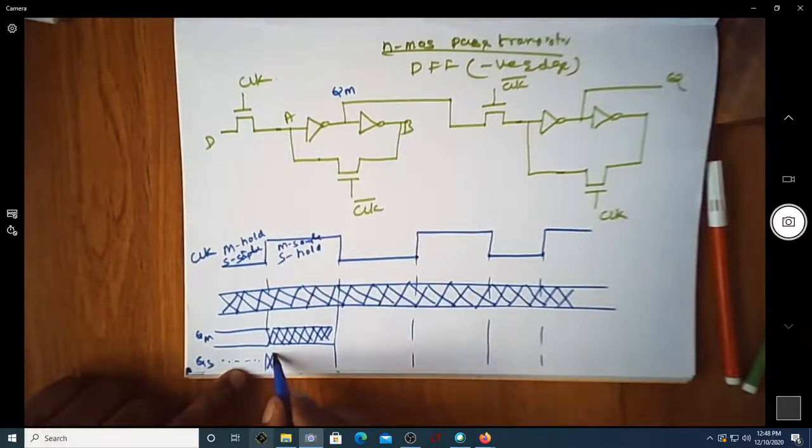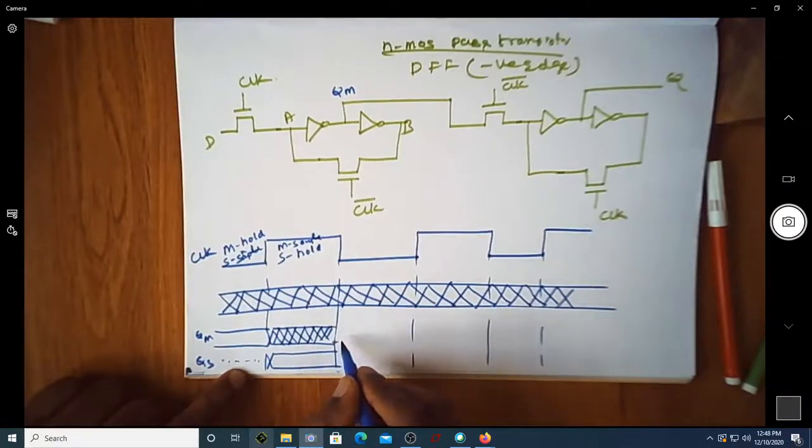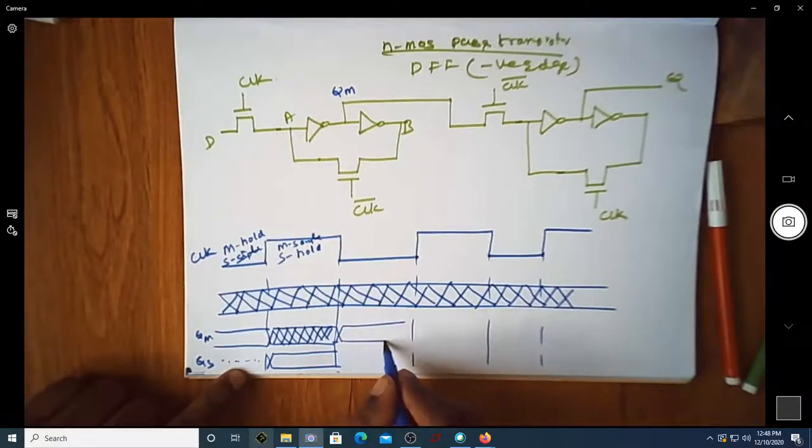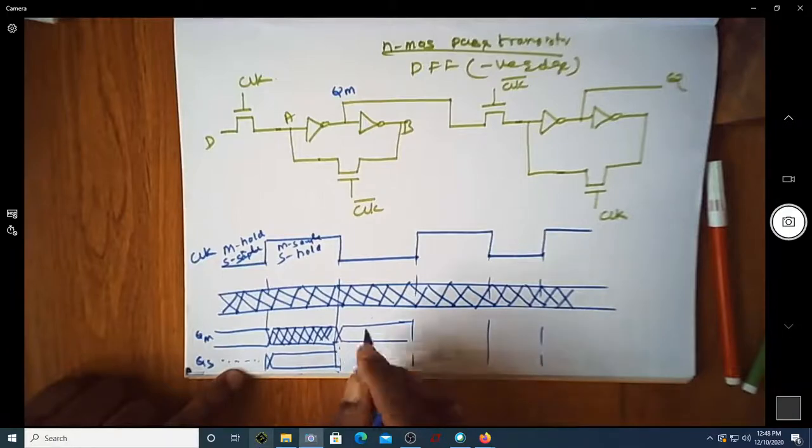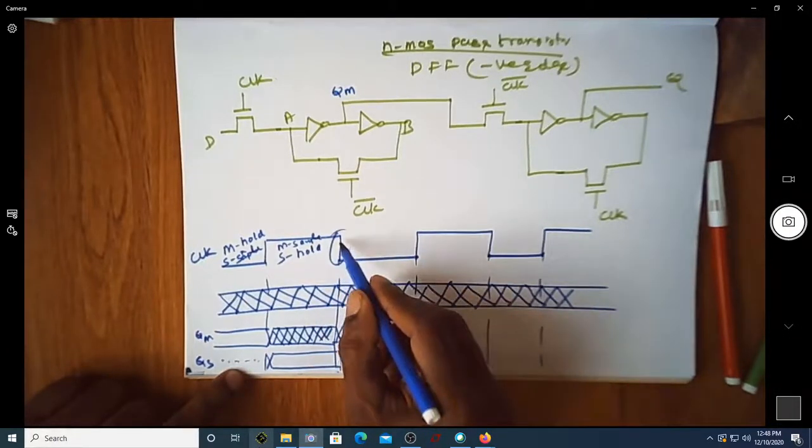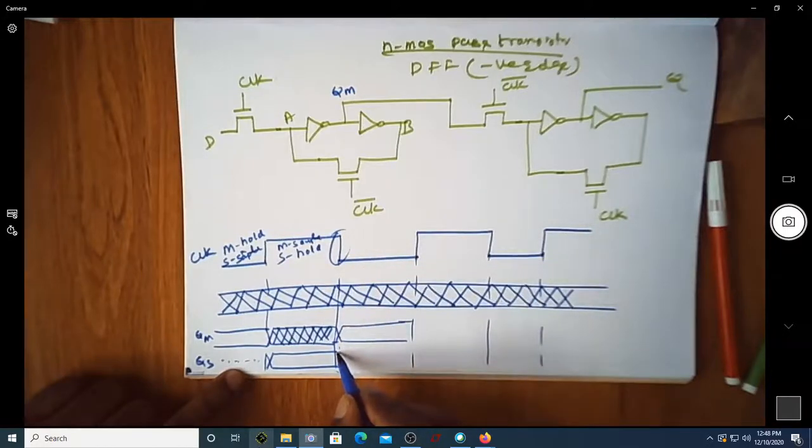Now you can see this goes to hold mode, and this goes to sample mode. This is your falling edge. Whatever value comes out here, this is now in hold mode.